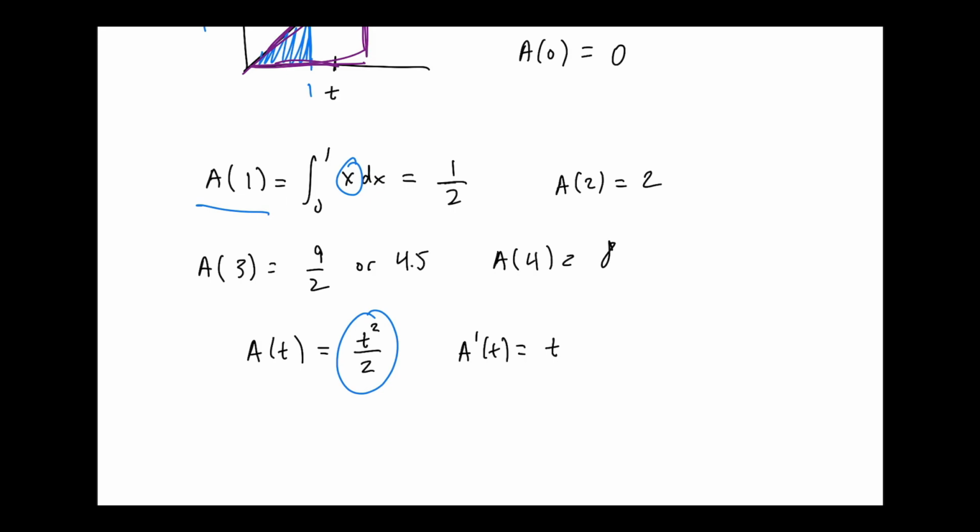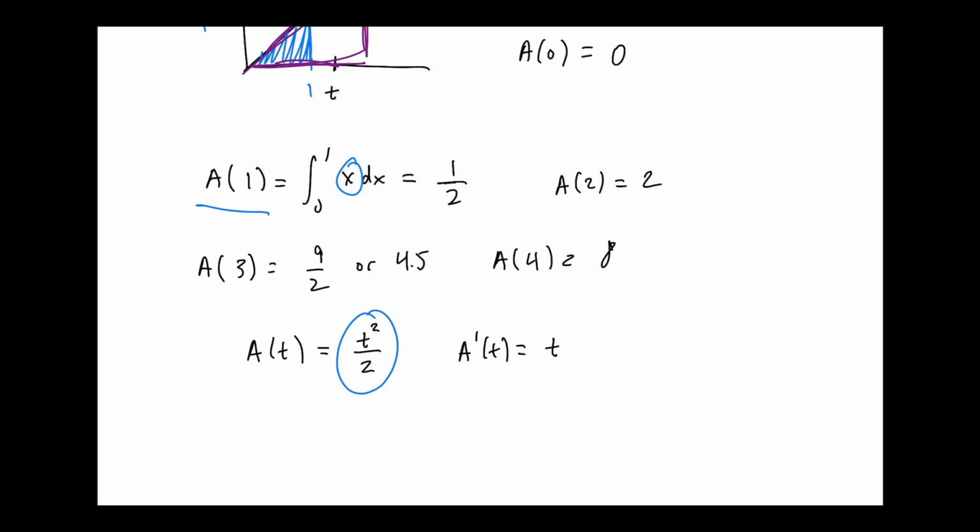Or another way to say that would be x squared over 2 is the antiderivative of x. It goes either way. So what do you think we've noticed here, guys? This area function has something to do with antiderivatives. Well, that's surprising, unless the story's been spoiled already for you because you've seen this before.